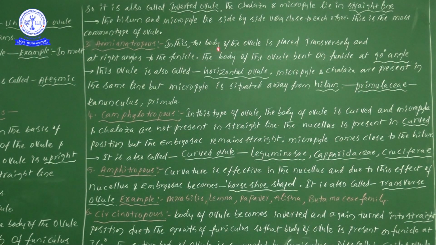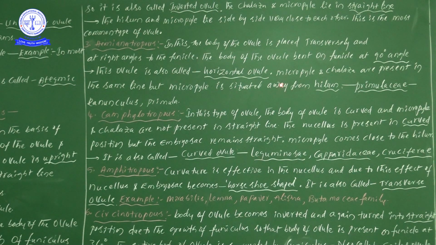In this type, the body of the ovule is placed transversely and at right angles to the funicle. On the funiculus, the body of the ovule is arranged, which means it turns at a 90 degrees angle. So that's why this particular ovule we take as a horizontal ovule.